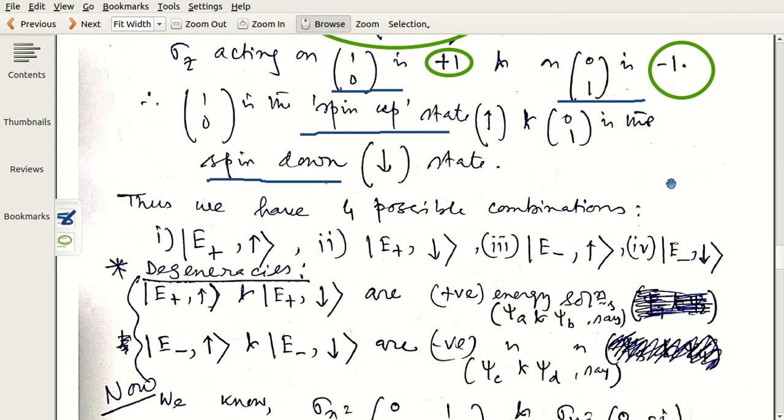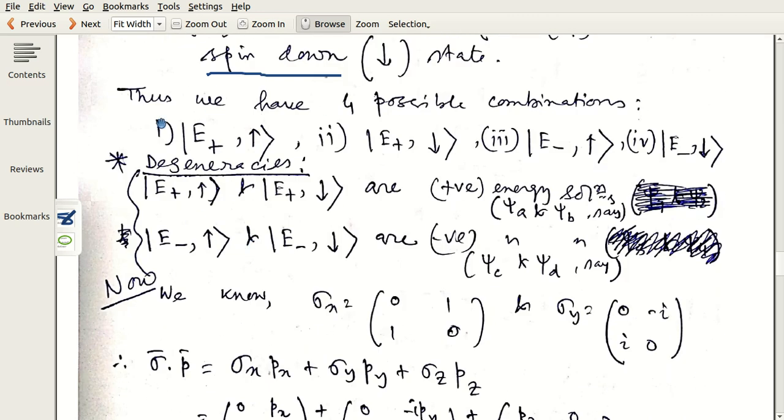In such a way we can arrange the solutions, and we see that there are degeneracies, because E plus spin up and E plus spin down are positive energy solutions. We name them psi A and psi B. This is just naming.